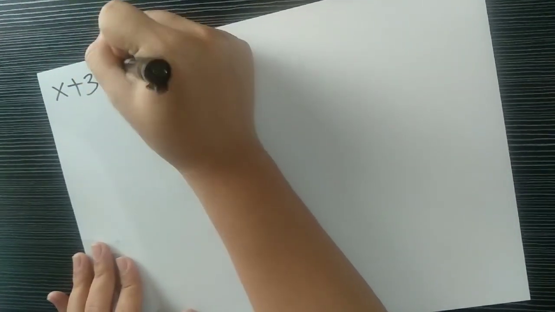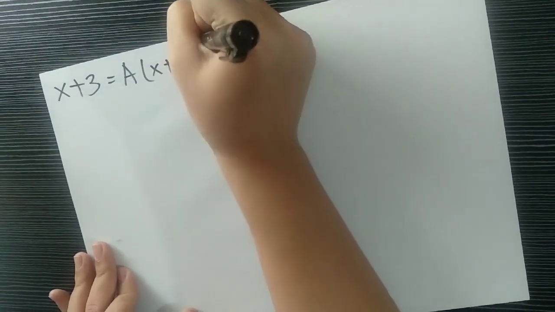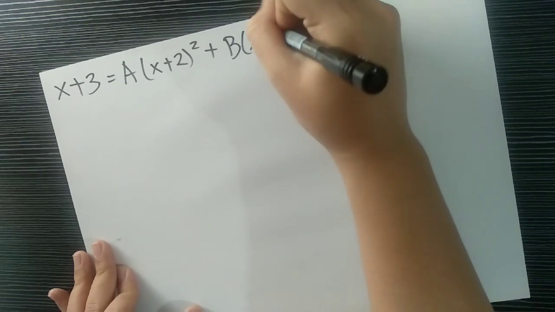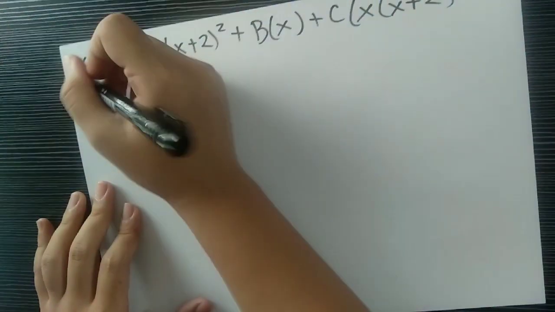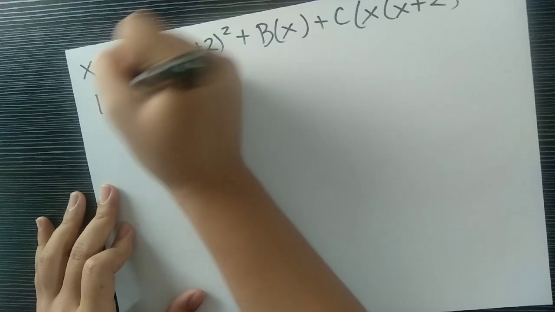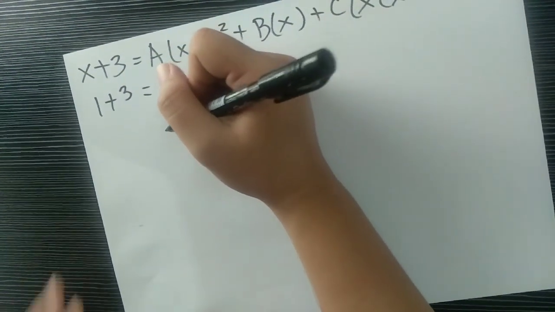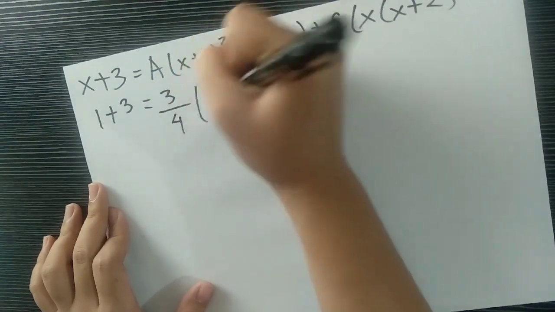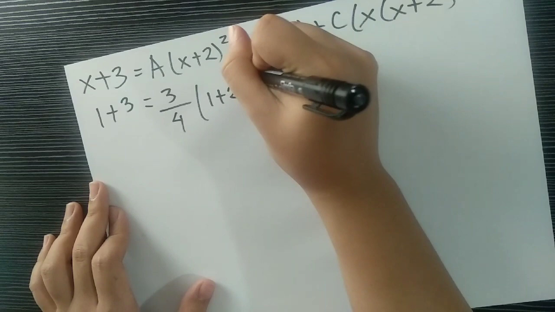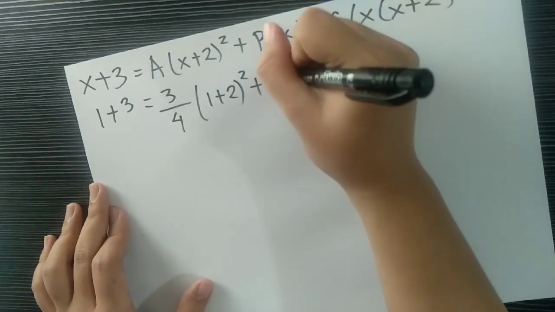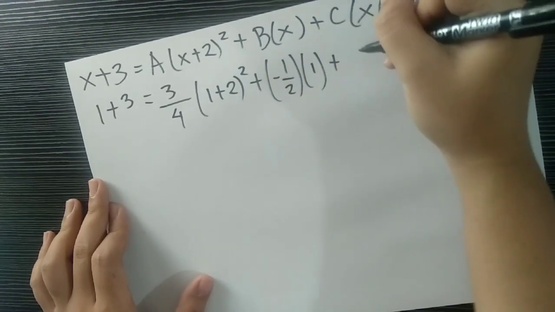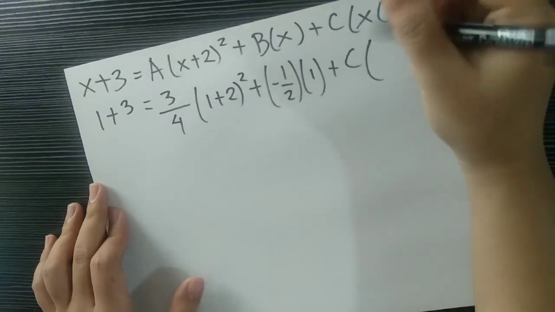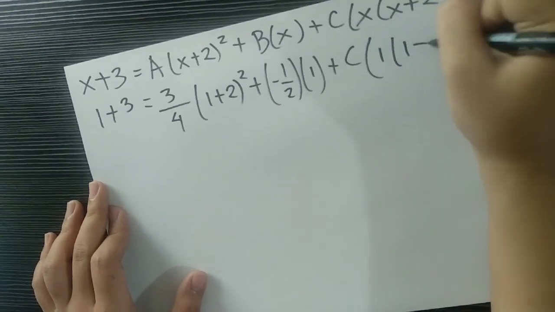So that's x + 3 equals A times (x + 2) squared plus Bx plus C times x times (x + 2). The value of x is 1, so 1 + 3 equals the value of A, 3/4, times (1 + 2) squared, plus the value of B, negative 1/2, times the value of x, which is 1, plus C times 1 times (1 + 2).